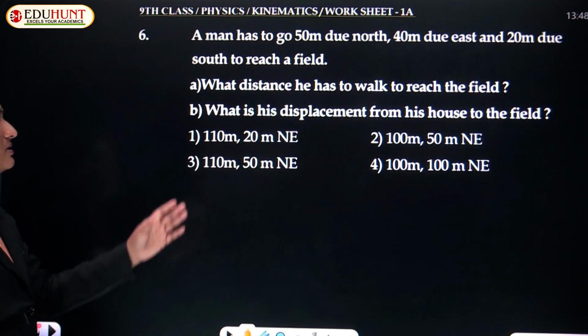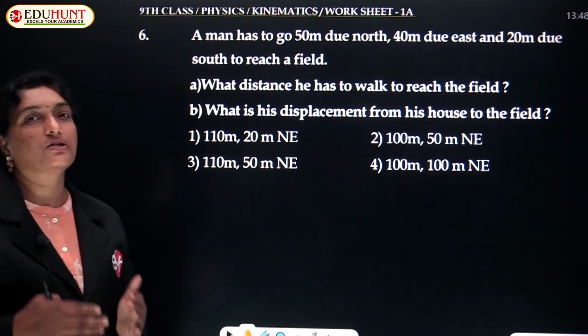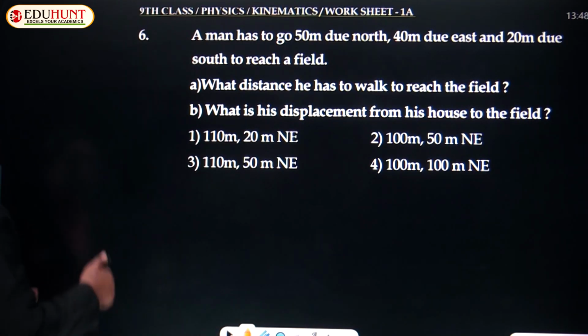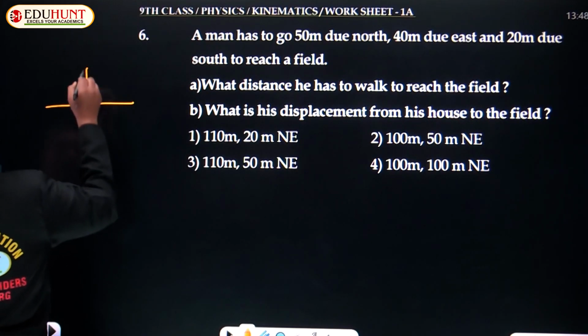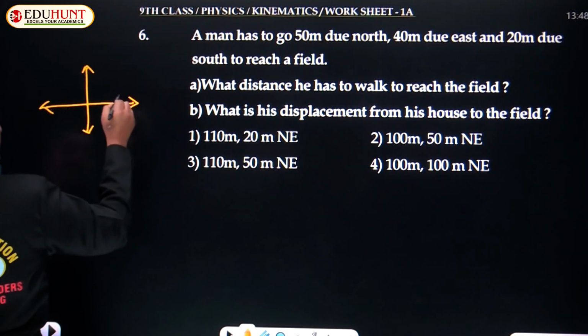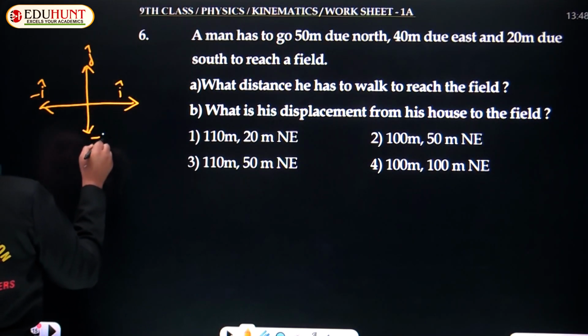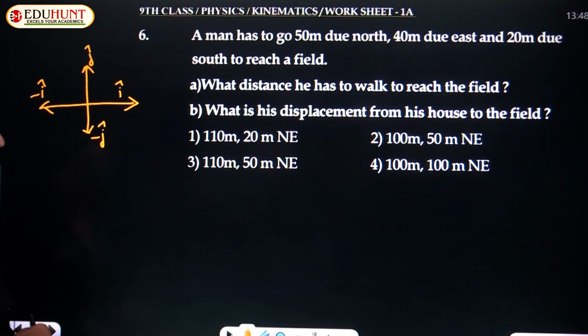Sixth question, similar to the previous one. A man has to go 50 meters due north. So, let us replace the coordinate system once again. Here is your i cap, j cap, minus i cap and minus j cap. So, what was given?